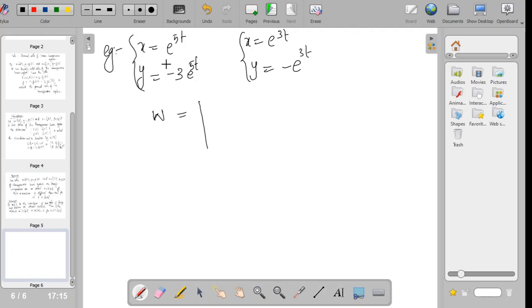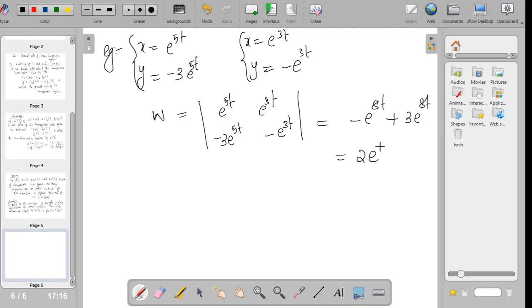You will have f1 f2, so e raised to 5t, e raised to 3t, then minus 3 e raised to 5t and minus e raised to 3t. So that is minus e raised to 8t plus 3 e raised to 8t. So that gives 2 e raised to 8t. This is not equal to 0. Therefore the solutions are linearly independent. So this is how we check linear independence and dependence for a pair of solutions.